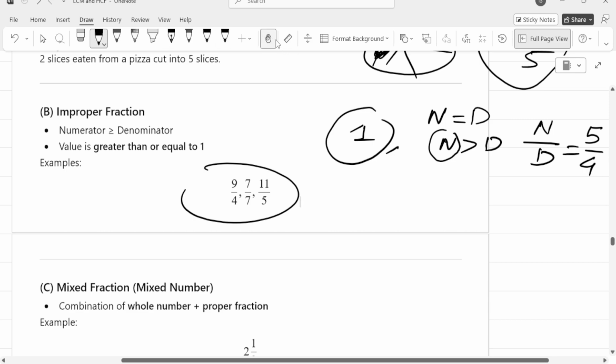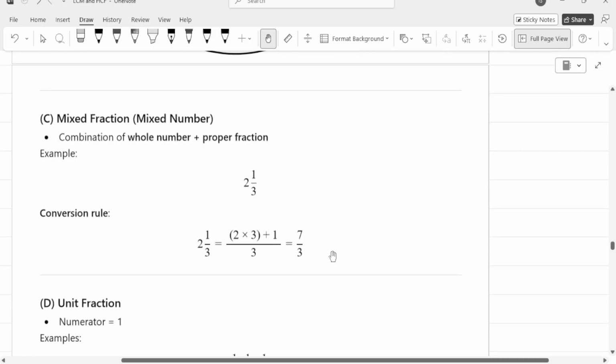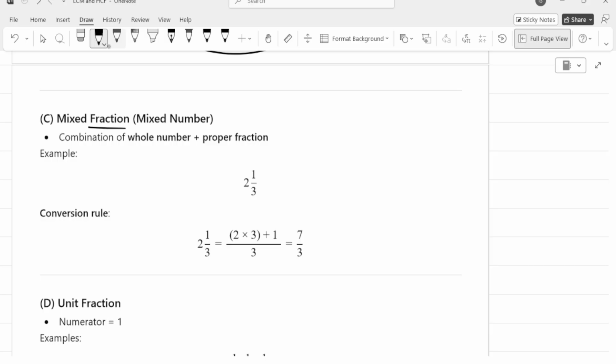Now I hope you understand. Now mixed fraction. A mixed fraction is a combination of a whole number and a proper fraction. What is a whole number? 0, 1, 2, 3, 4 and all natural numbers.